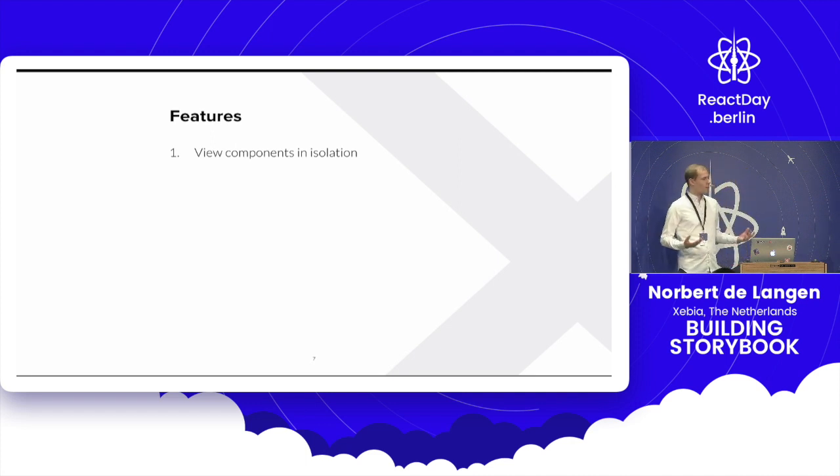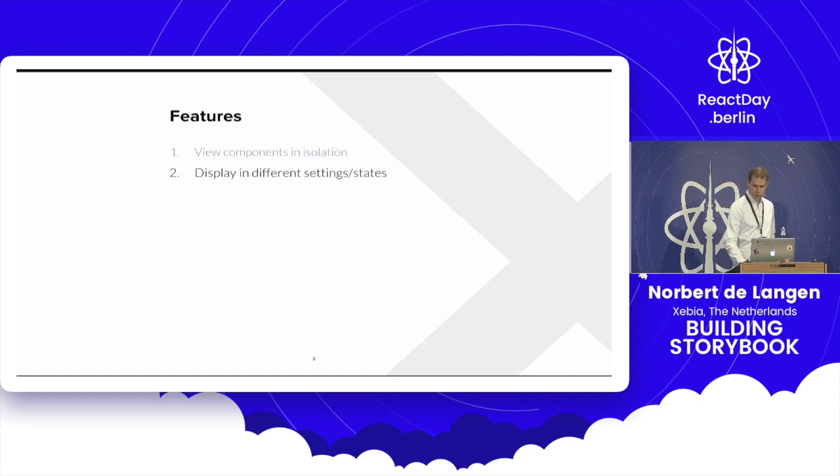So when you do isolated component-driven development, you want something to be able to view all your components in all their possible states without having to click through and fill form fields, etc. So viewing components in isolation is the first feature of Storybook, and the second is to be able to pass in any props or settings for this component and view it that way.